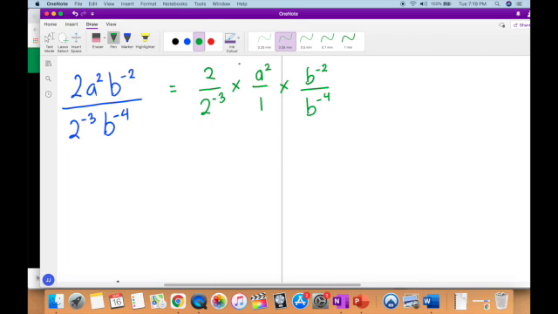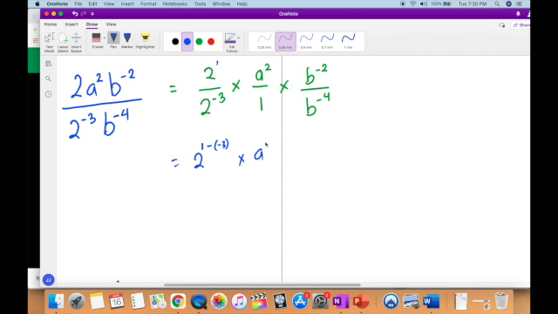Now, I have 3 fractions, and you know when you're dividing indices, a to the m divided by a to the n is equal to a to the m minus n. The top one minus the underneath one. So in this case, I have 2 to the m minus the underneath one, which is n, which is negative 3.